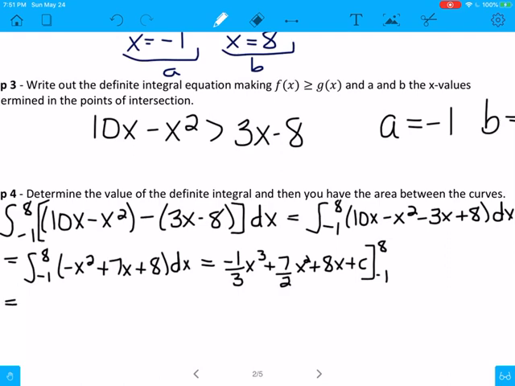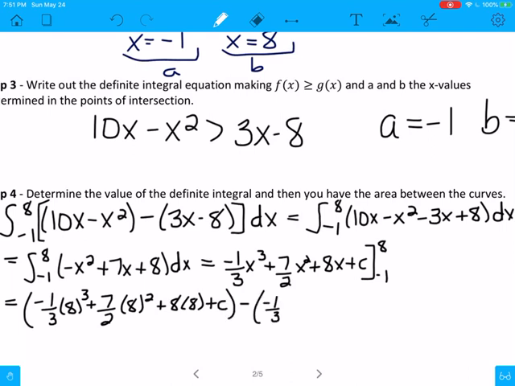And so that's going to give me -1/3 8 cubed plus 7/2 times 8 squared plus 8 times 8 plus c minus -1/3 times -1 cubed plus 7/2 times -1 squared plus 8 times -1 plus c.